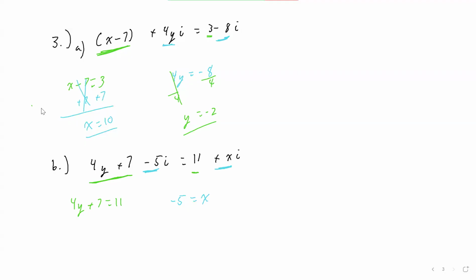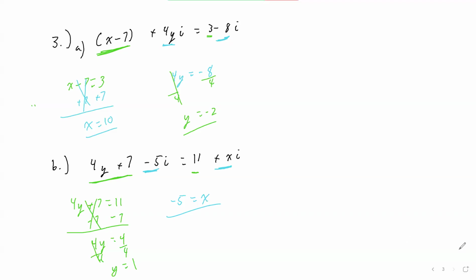Now I can solve them. So now I'll subtract 7. 8, 9, 10, 11. What's that? 4. 4 divided by 4 is 1. So y is 1. And then x is negative 5. All right, not too bad.